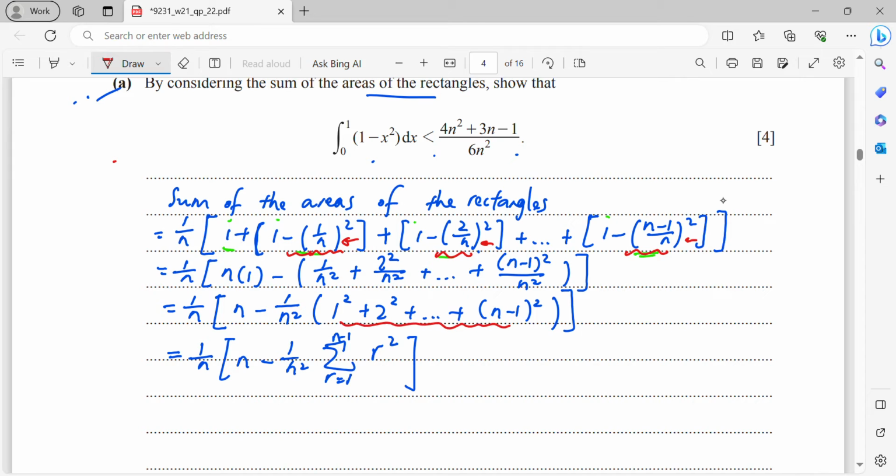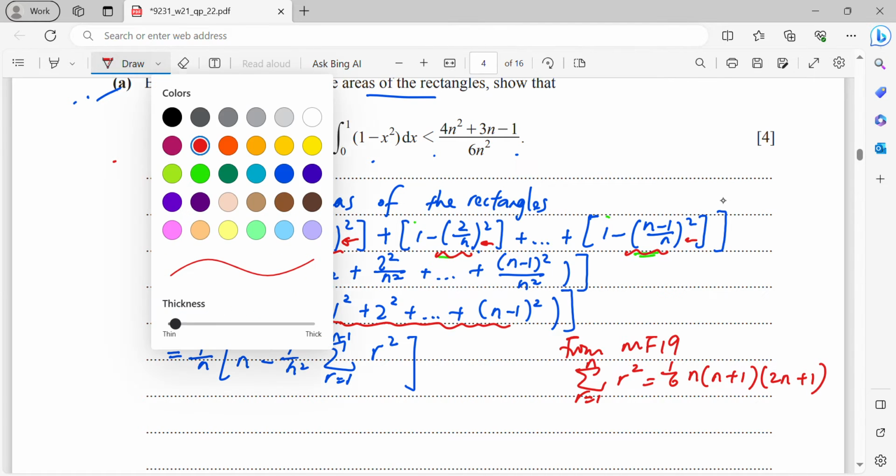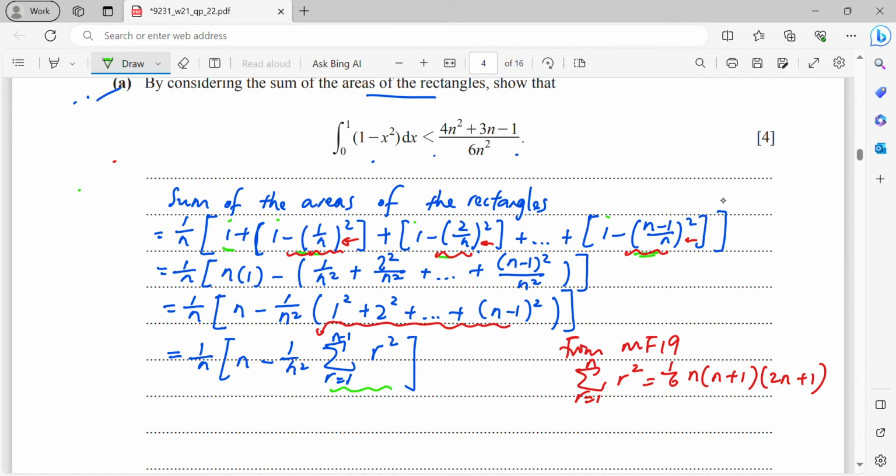Now from the formula list, the summation of r squared, r from 1 to n, is 1 over 6 n times n plus 1 times 2n plus 1. But when you compare to this expression, r starts from 1 and it is r squared, but our last r is not n, it's n minus 1. That means I need to change all the n by n minus 1 in the formula.